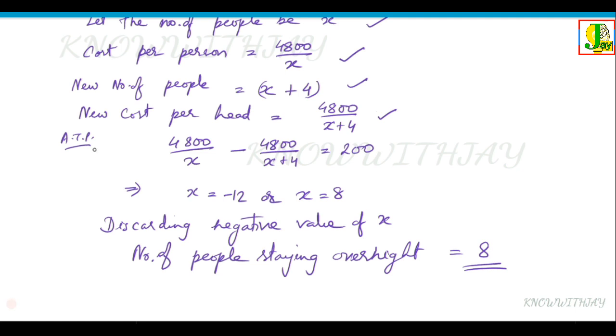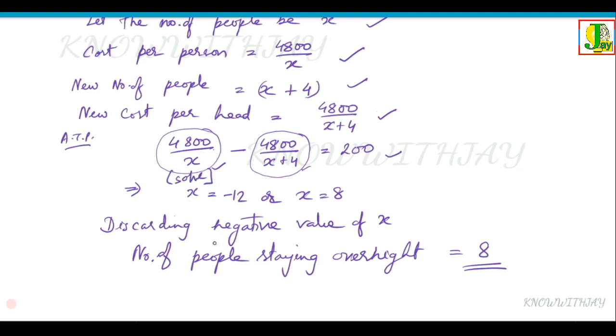So according to the condition given in the problem, we have 4,800 by x, that's the price when there were fewer people, because with fewer people you have to pay more. And this is the price per head when there were 4 more people. That's 200 rupees more when you subtract. So you need to solve this.